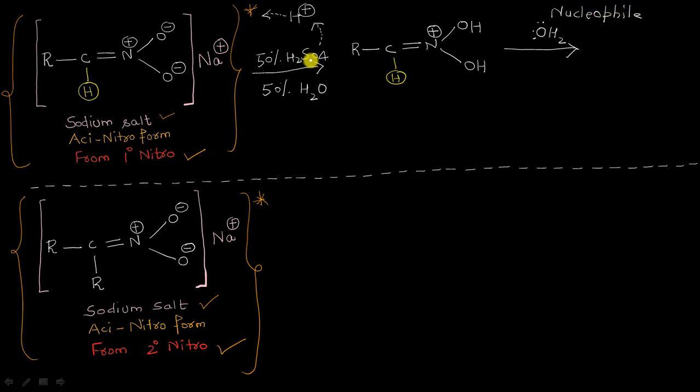So after the addition of 50% sulfuric acid, from the ACI nitro form, we will get this thing first. And after that, the water will act as our nucleophile. This oxygen atom will attack here on this carbon atom such that these pi electrons will be shifted to this nitrogen atom here.